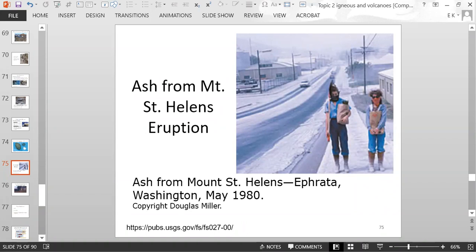But they're wearing masks because there is ash in the air and they don't want to breathe it in because volcanic ash is kind of sharp. It's like little tiny shards of glass, but they're very, very tiny. So it's not really safe to breathe in volcanic ash. So that's why they're wearing masks.